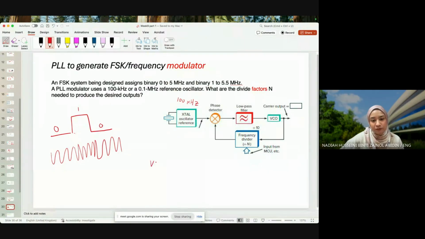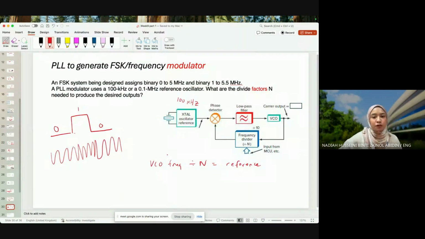Here we have the VCO frequency divided by N, which will give me the reference.